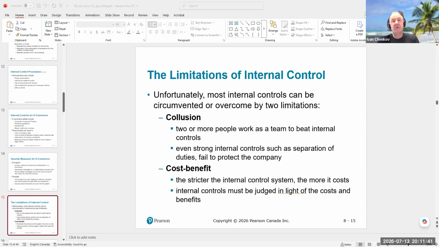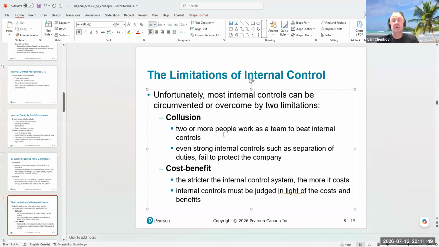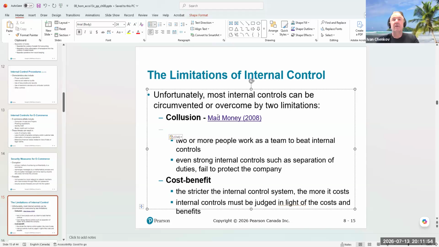If you watch that movie, you're going to see how these people were able to use collusion to circumvent internal control.